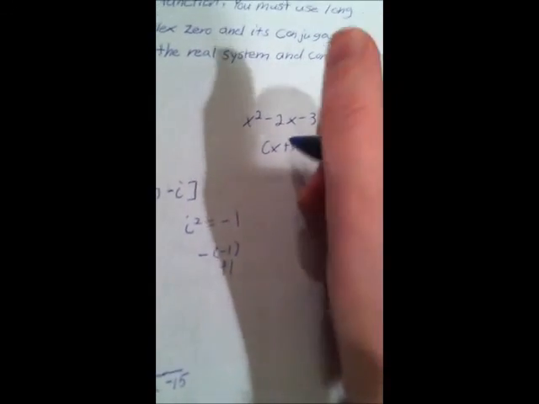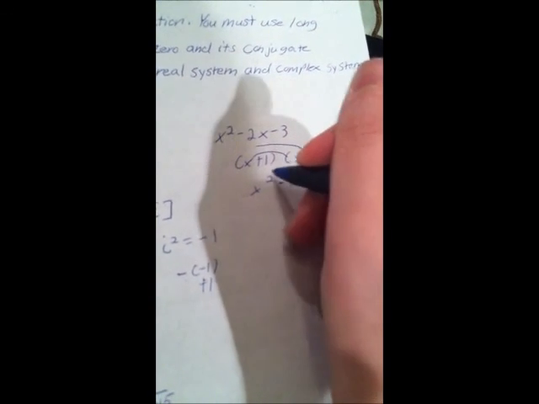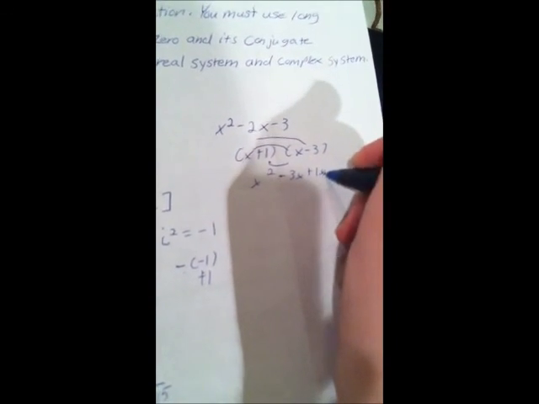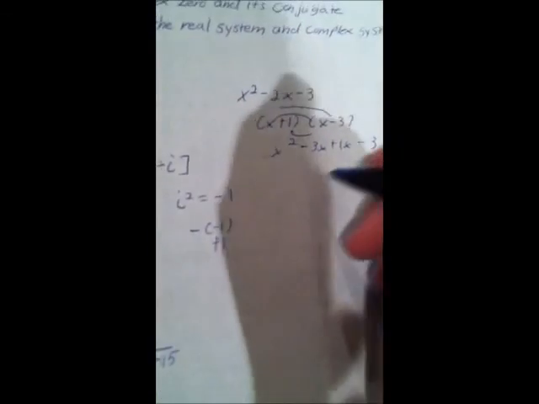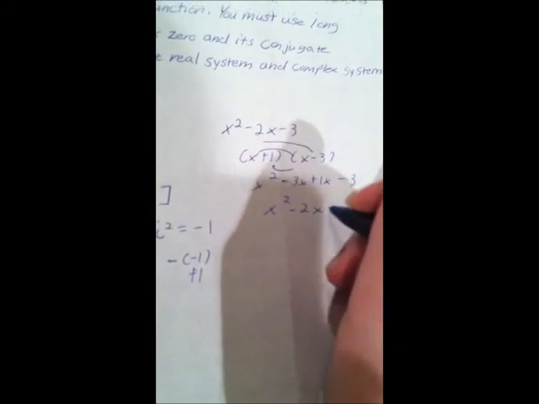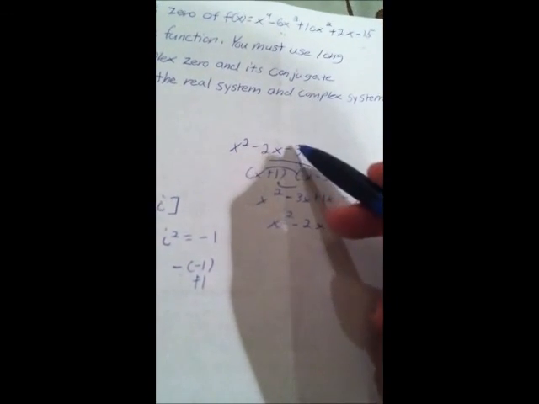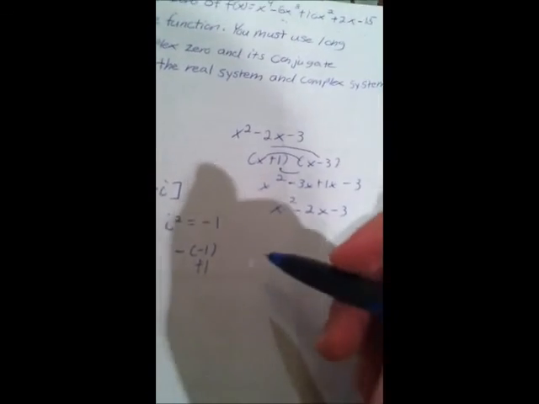When you FOIL that out, we'll do it right now: x squared minus 3x plus 1x minus 3. So x squared minus 2x minus 3, and it's right here. And we can check, I got this, and that equaled that, so that's right.